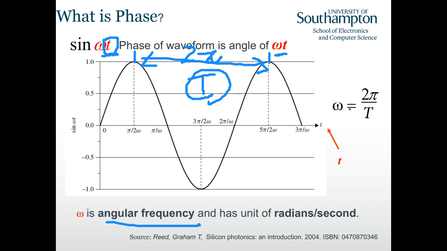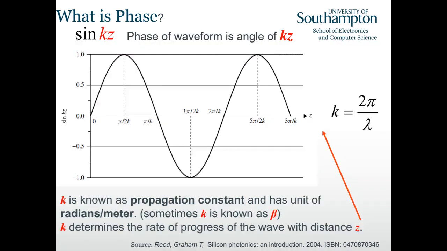The third domain is distance. So wave also propagates over distance. Once again, peak to peak, we have 2 pi.